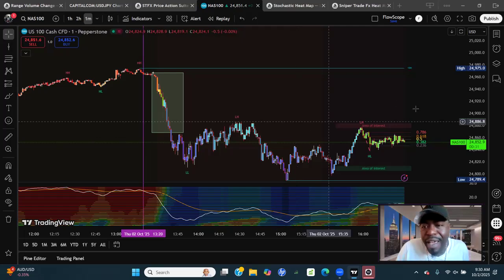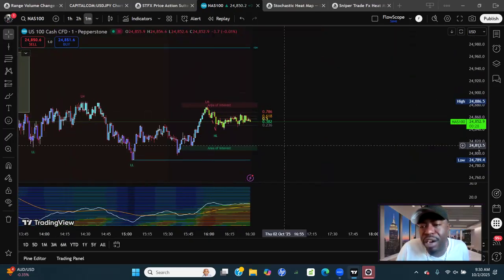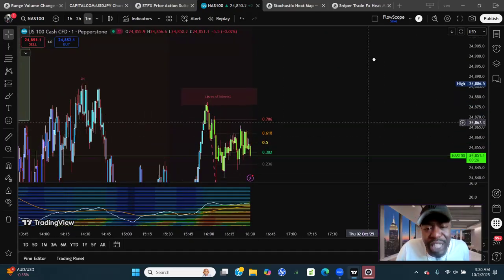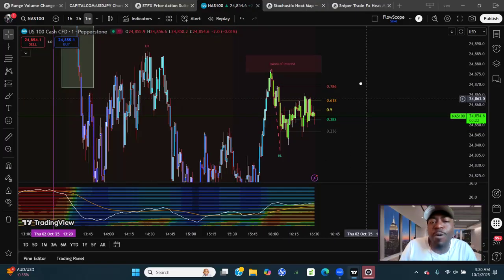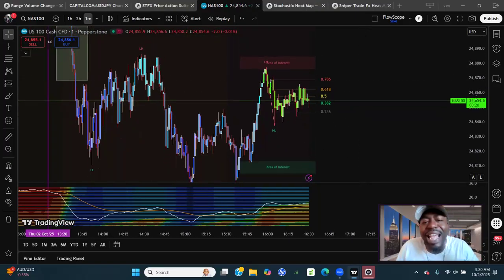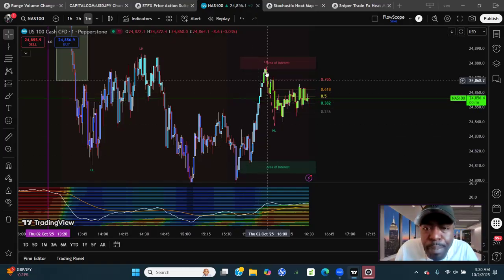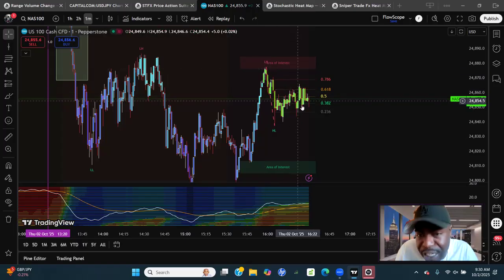You understand that? And so what I've done with this indicator is we have a built-in auto Fibonacci. And what the auto Fibonacci does is it calculates this retracement. So if you get a strong impulse up, it automatically throws the fib. And these fib levels are retracement levels that you can use as entries.